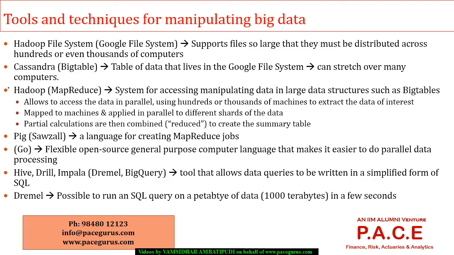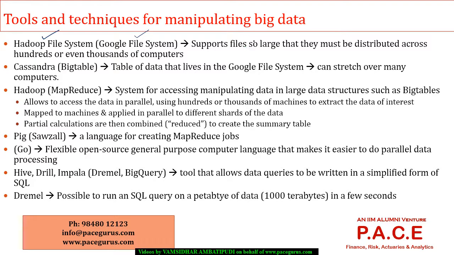We keep talking a lot about the Hadoop file system. Actually, it originated from the Google file system. Google had a tool called Google file system, and based on that, an open source file system came into the picture, which is the Hadoop file system.